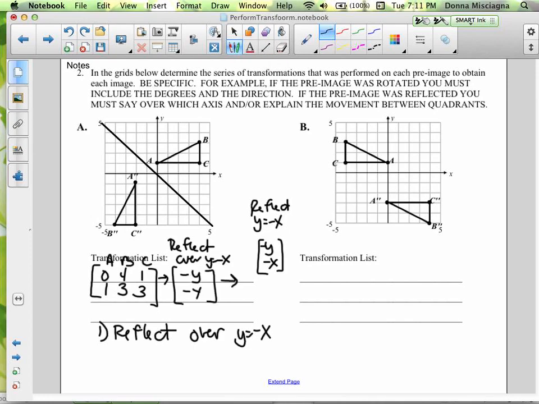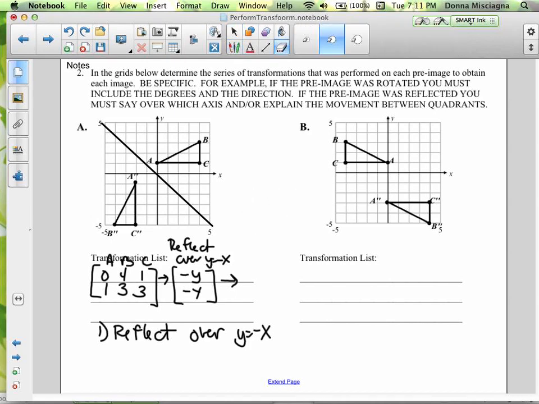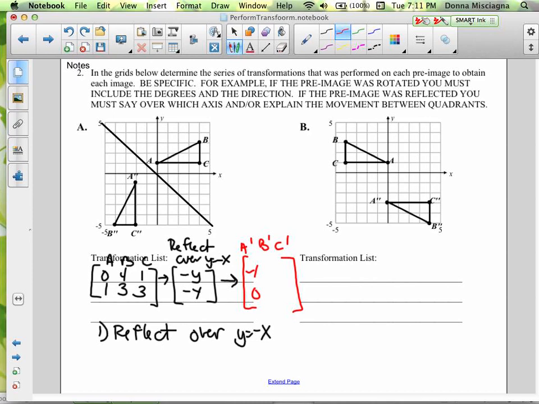And that's going to go to, let's get rid of this so we have some space. Maybe I should have made this 2 Nearpods. Right, so that's going to be A prime, B prime, C prime. And so now that's going to be negative 1, 0. That's not going to change. And then negative 3, negative 4, and negative 3, negative 1.